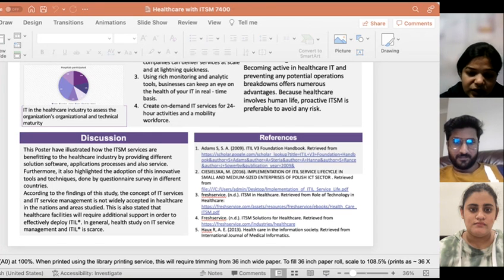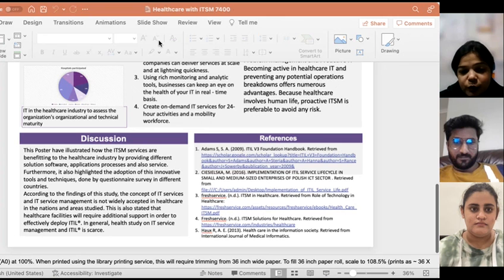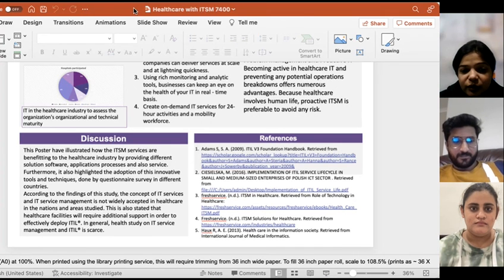In general, healthcare research on IT service management and ITIL is scarce. Here are the references where we have collected all the data, and this is a poster regarding our assignment. Thank you.